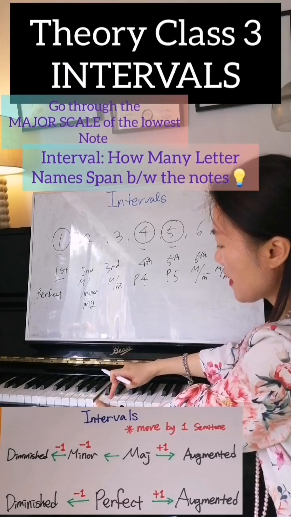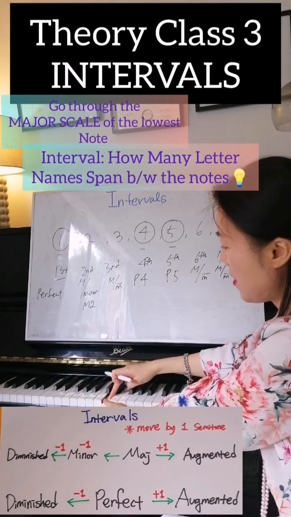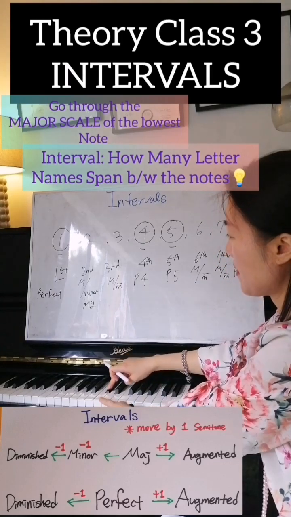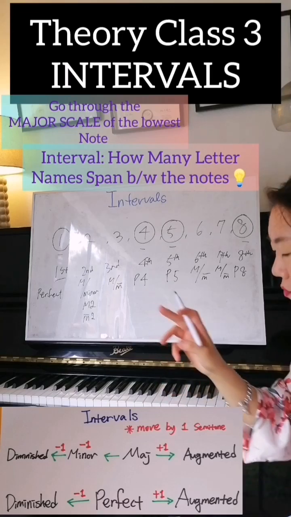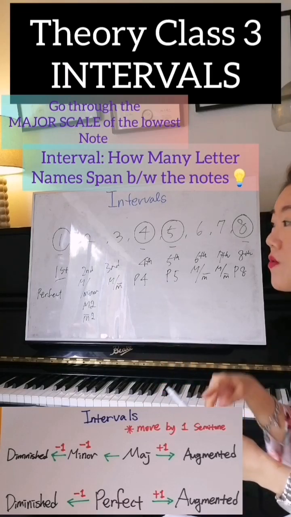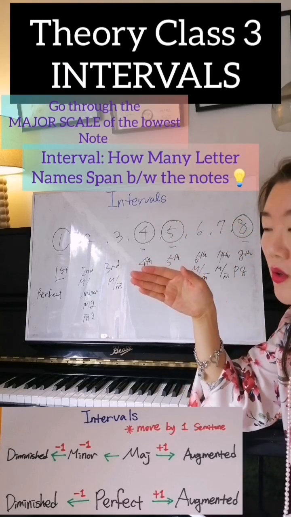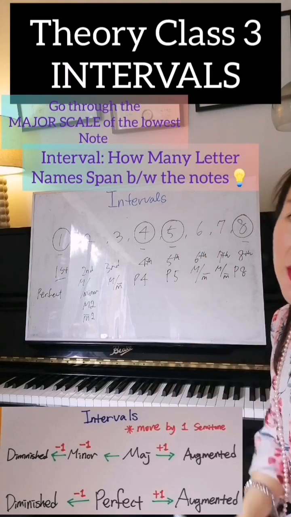So you know that D is the second note of C major. What if you lower the second note by 1 semitone? That becomes a minor second. Always remember that, right? When you are trying to form minor from major, you just need to lower the note by 1 semitone. That's how you form minor from major.